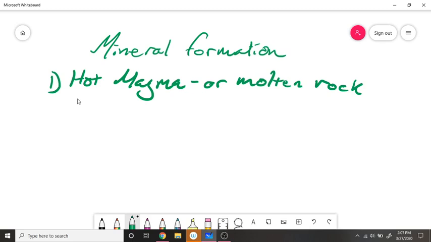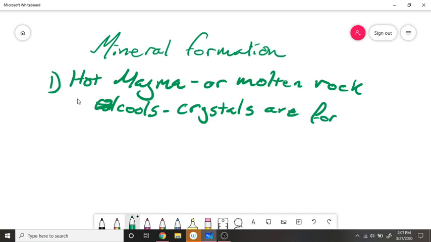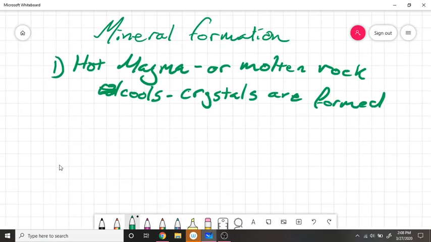And we will be talking about volcanoes, and we will be talking about magma more when we're doing that. As hot magma cools, then crystals are formed. This is how we get our crystals of quartz, for example.